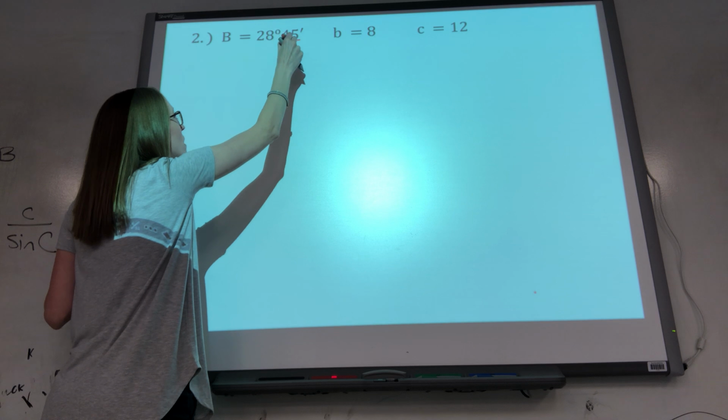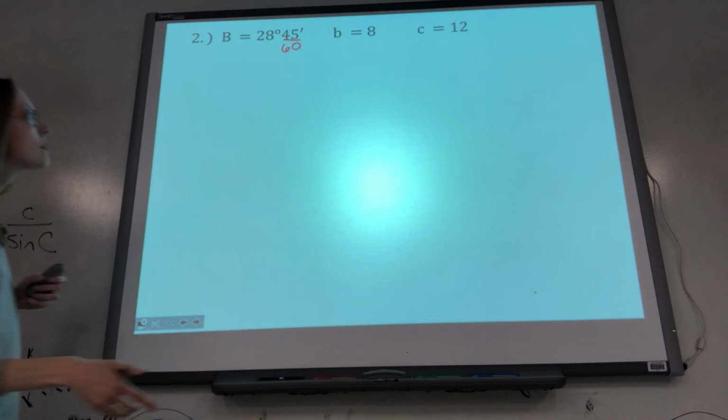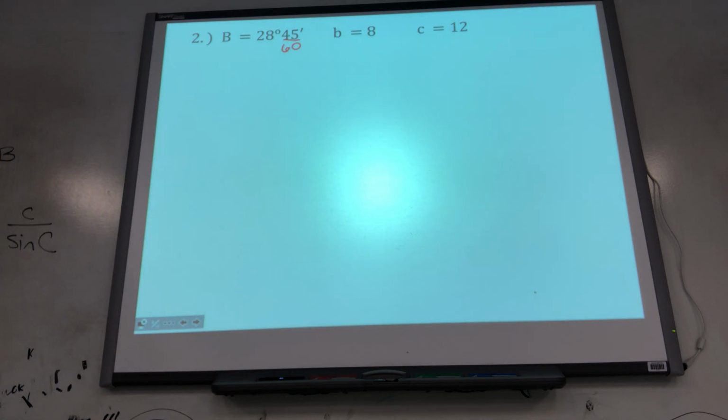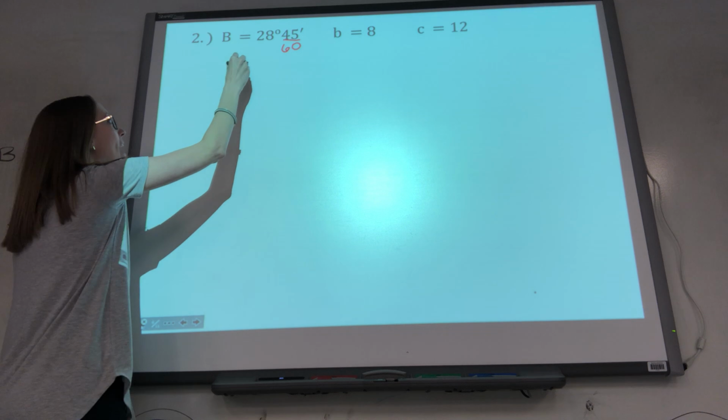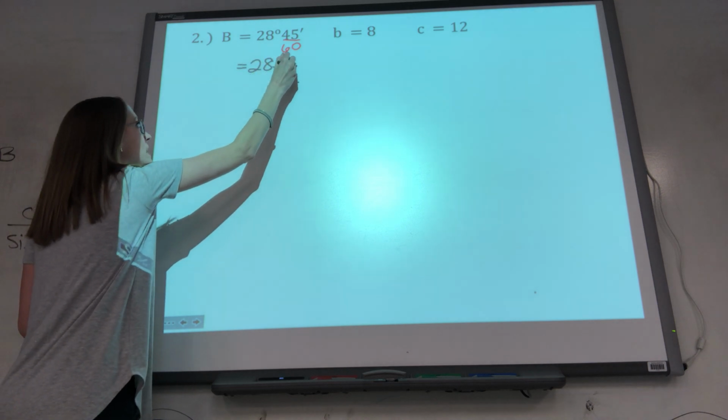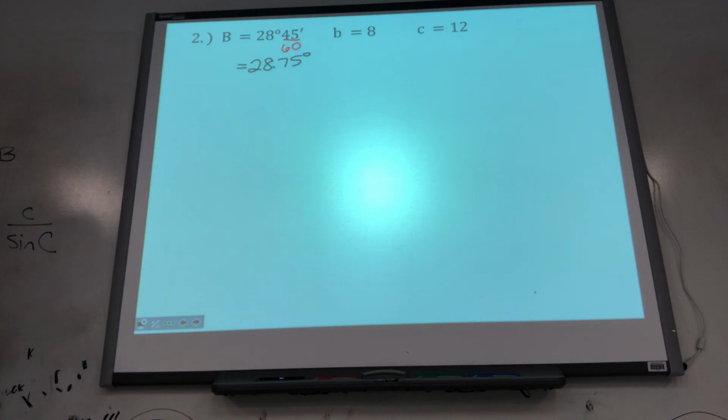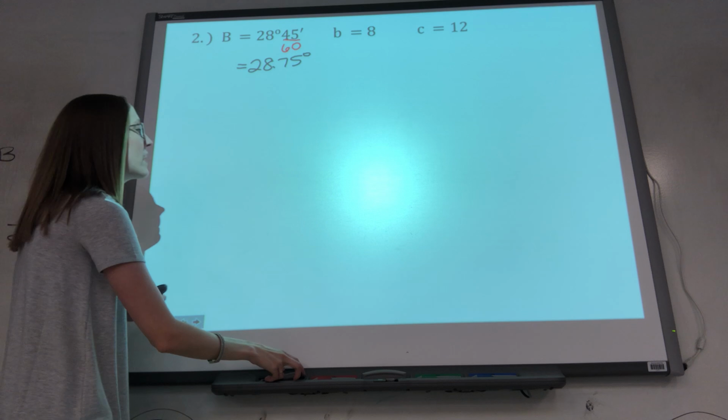Take just the 45 divided by 60. You can just type that in. 45 divided by 60 is 0.75. So let's think of angle B as 28.75 degrees. That makes me feel a little bit better.